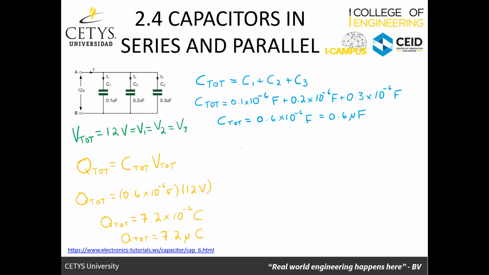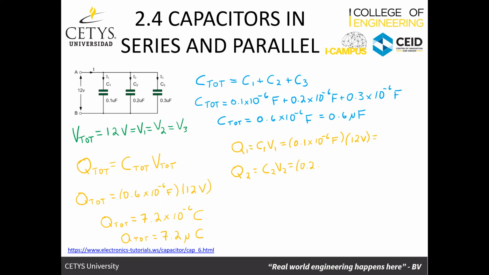And then we can find the individual charges. How do we find the individual charges? Well, Q1 is going to be equal to C1 times V1, which we know is the total voltage. So it's going to be 0.1 times 10 to the minus 6 farads multiplied by 12. We know that Q2 is going to be C2 times V2.